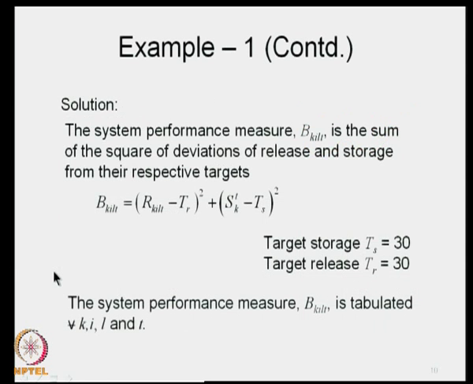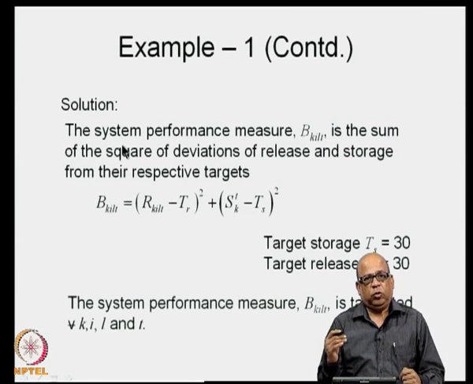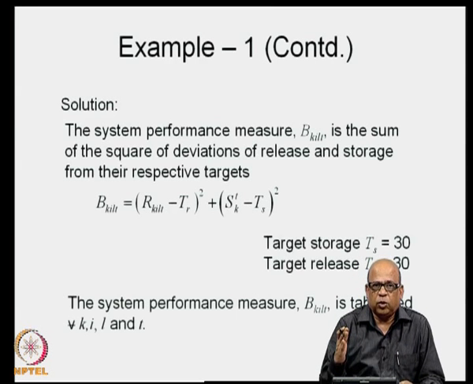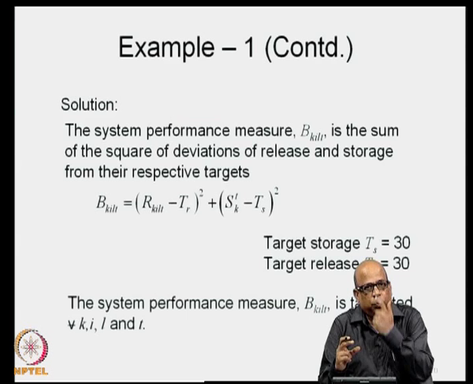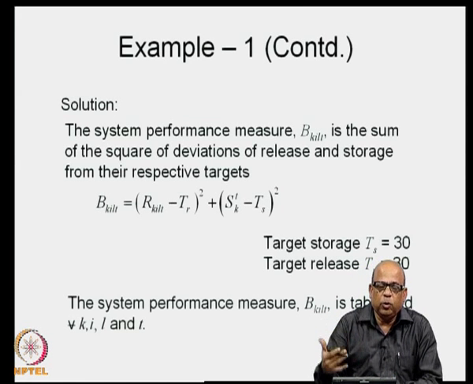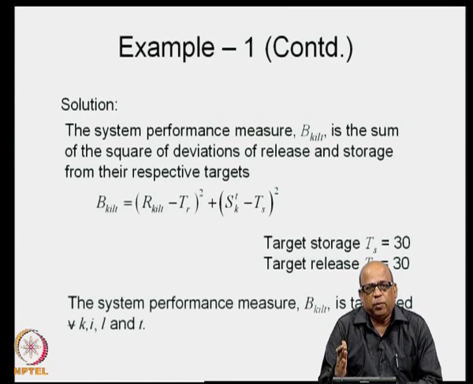Then we start with the system performance measure. So, the first step in the stochastic dynamic programming after the data is ready is to compute or enumerate or tabulate in fact the system performance measure values for all the possible combinations.